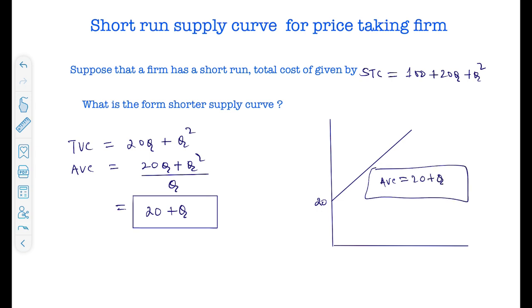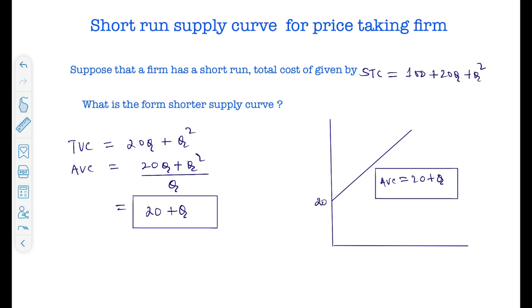So the minimum point of average variable cost is 20, so price shouldn't fall below 20. If price falls below 20, the supply will decline to 0. The minimum point of AVC is 20.